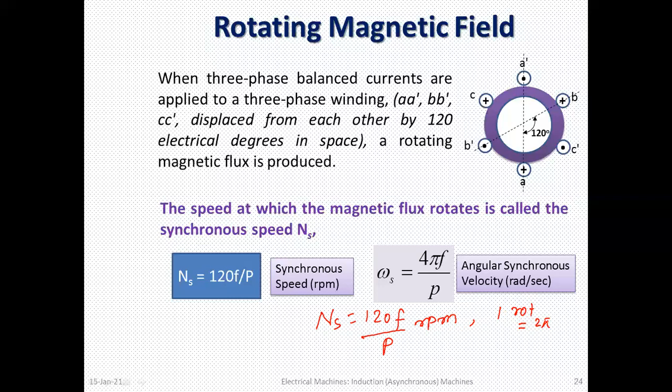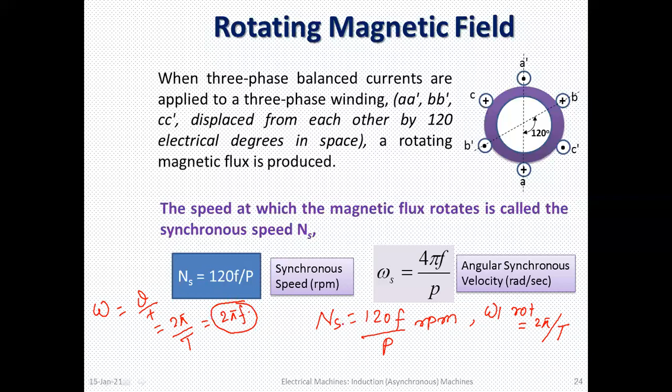So 2 pi angle is formed, and suppose t is the time taken to complete one rotation, so the angular speed omega will be equal to 2 pi by t, theta by t. So omega equals theta by t, and theta is 2 pi in one rotation divided by t, and 1 by t is nothing but the frequency. So this is 2 pi into f.